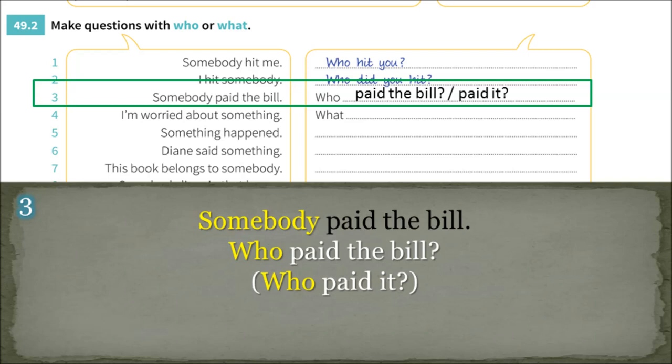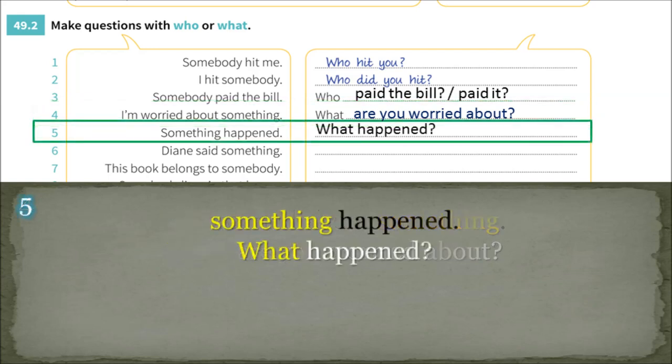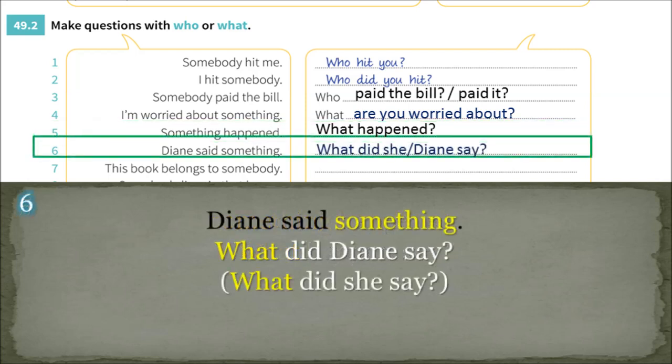Who paid it? I am worried about something. What are you worried about? Something happened. What happened? Diane said something. What did Diane say? What did she say?